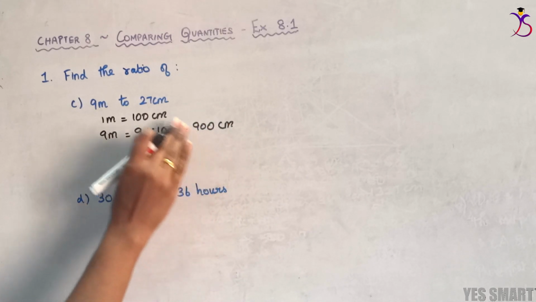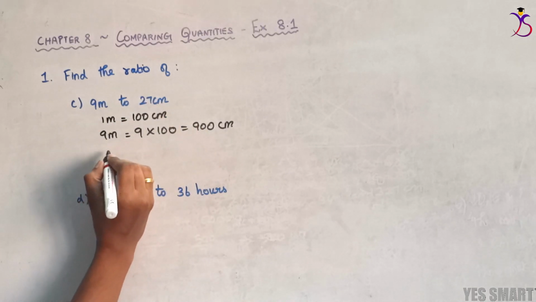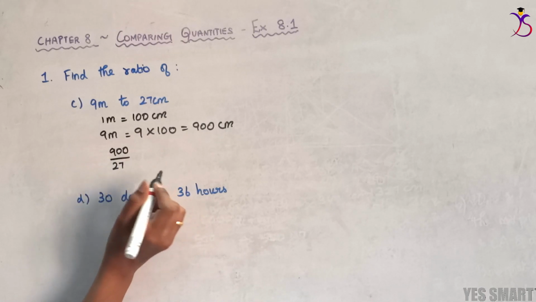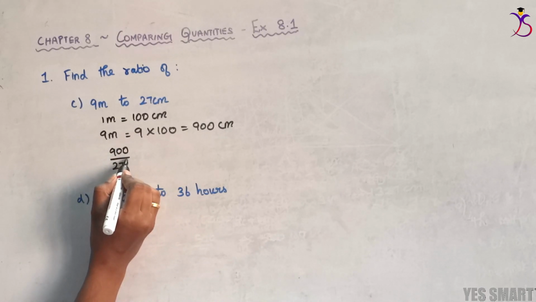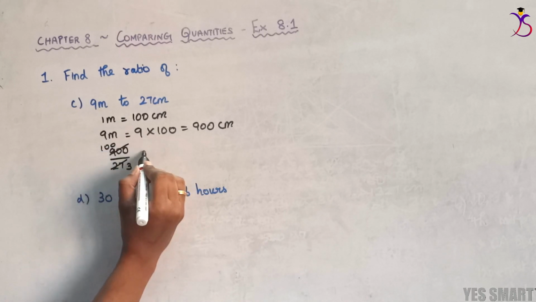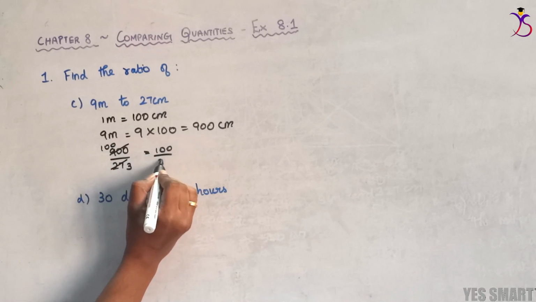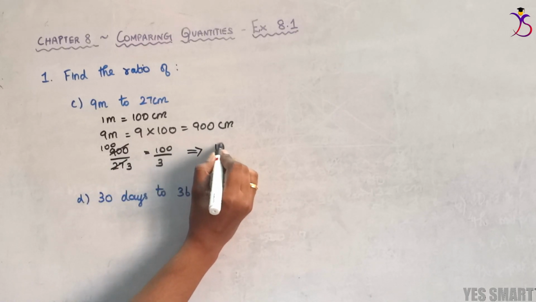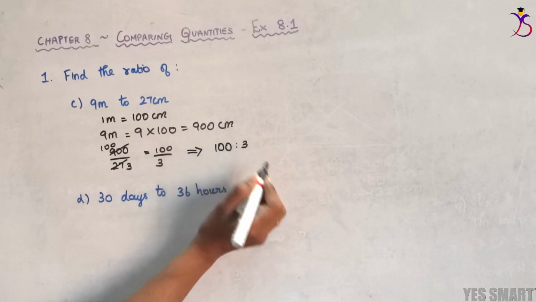Now we have 900 centimeter and 27 centimeter. Let's find the ratio. 900 divided by 27. Straight away we can cancel in 9 table. 9 threes are 27, 9 100s are 900. So 100 by 3, which is equal to 100 is to 3.